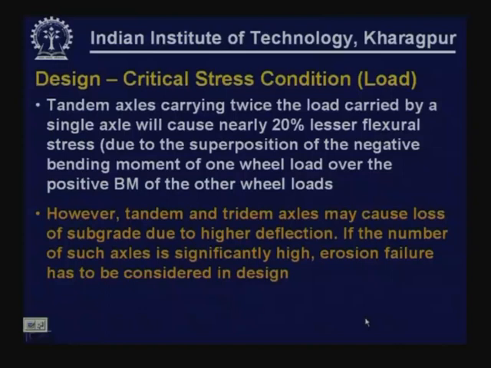Tandem axles carry twice the load carried by a single axle. For example, if you consider a single axle carrying 10 tons, and you also consider a tandem axle carrying 20 tons, which is double the load carried by the 10-ton axle, tandem axles will cause nearly 20% lesser flexural stress due to the superposition of the negative bending moment of one wheel load over the positive bending moment of the other wheel loads.